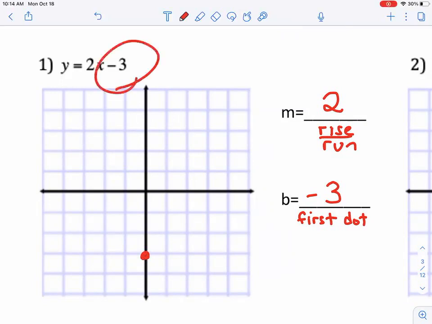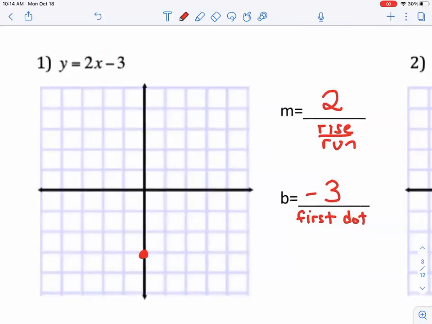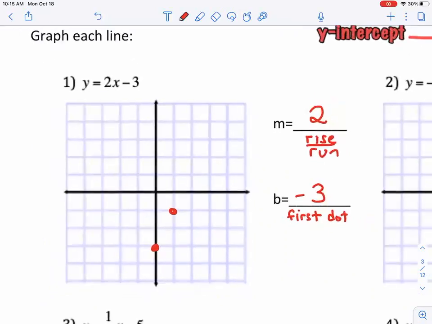Okay, again, that came from right here. It's always going to be the first dot. And then from that dot, we do the slope, the rise over the run. So from that dot, I'm going to go up 2 and over 1 and put another dot there. And then from there, I'll go up 2 and over 1.